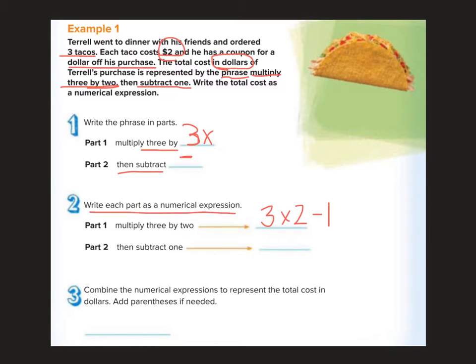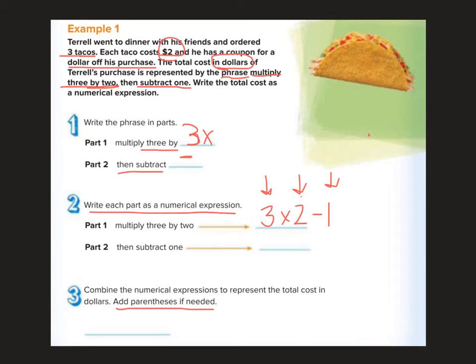Okay, so I have to make sure this makes sense, right? Because he's buying 3 tacos. They each cost $2, and then I have a coupon for $1 off my purchase. So I'm going to reread the question and make sure my expression makes sense. And then at the end it says add parentheses if needed.